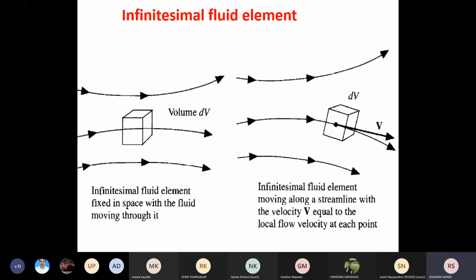See here, an infinitesimally small fluid element moving along the streamlines with a velocity V equal to the local velocity at each point.